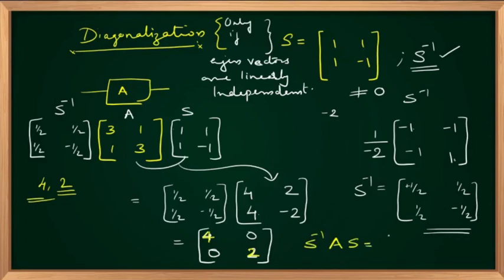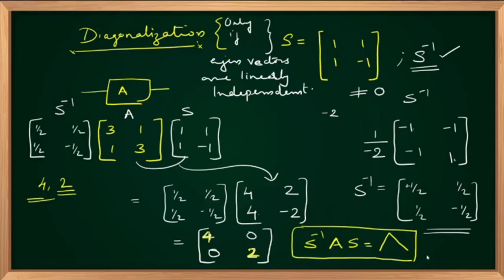I am calling this new matrix by using the big lambda notation. Big lambda means a diagonal matrix where all the elements will be the eigenvalues of the matrix. So this procedure is called diagonalization of a matrix.